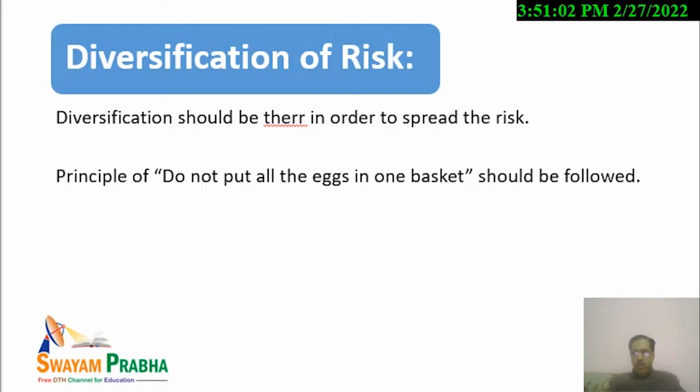Your bank may refuse to provide the loan. Otherwise it will become an NPA, a non-performing asset, and I think you are already aware that a number of banks are suffering from such things. So it should be kept in mind.